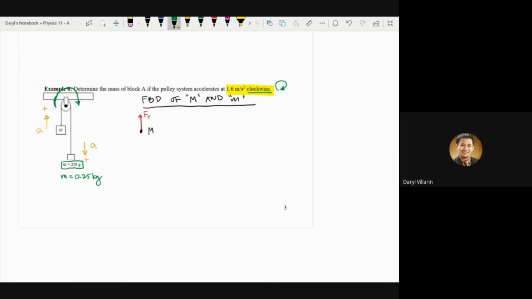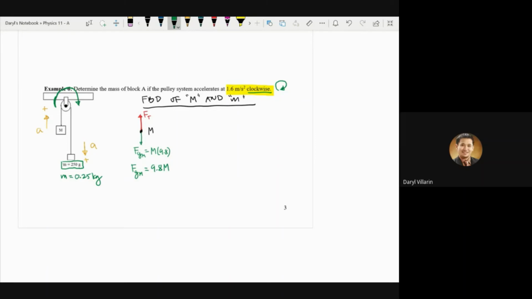And you have here Fg capital M, and the expression for Fg capital M is just capital M times 9.8. So therefore, the weight, or Fg capital M, is just 9.8 times capital M. Remember, I don't know yet the mass of block A, or that capital M.